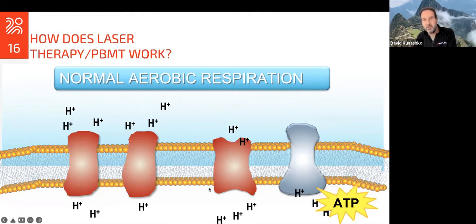The enzyme just before that is called cytochrome C oxidase, one of the terminal enzymes of the electron transport chain, and it's critical in producing ATP as well.